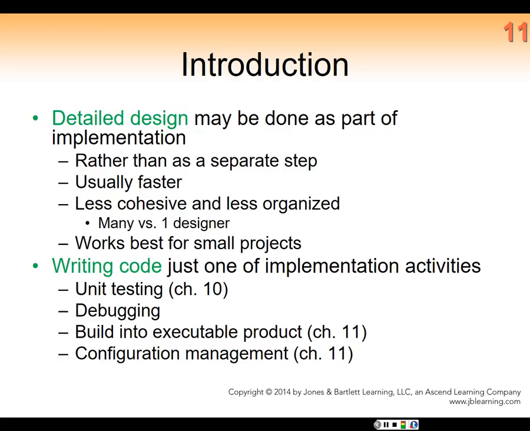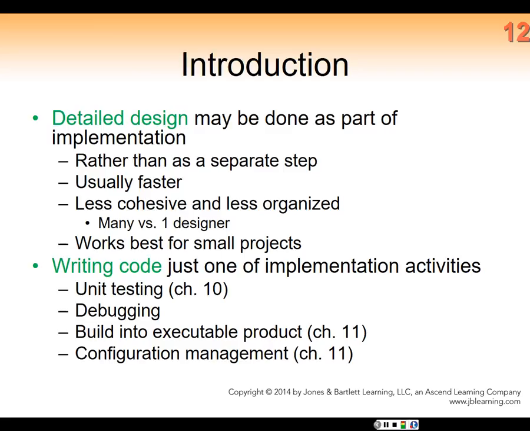Well, at some point, you need to bring that disparate code together and do testing of the whole product from start to finish. So we need some means to assemble independently developed pieces of code into an executable product. That's part of chapter 11. And once we do that, the product is going to evolve. This is especially true when we use an iterative process.